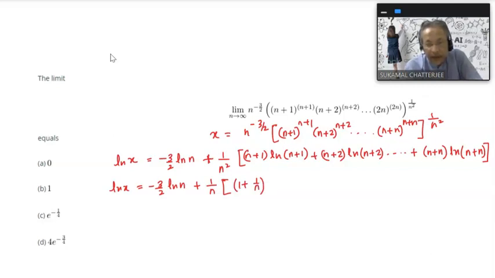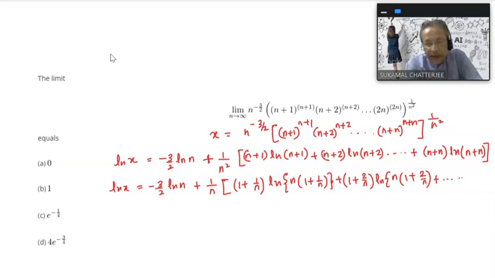Ln of n into n plus 1 can be written as ln of n into 1 plus 1 upon n, plus 1 plus 2 upon n times ln of n into 1 plus 2 upon n, and this will continue up to n terms.